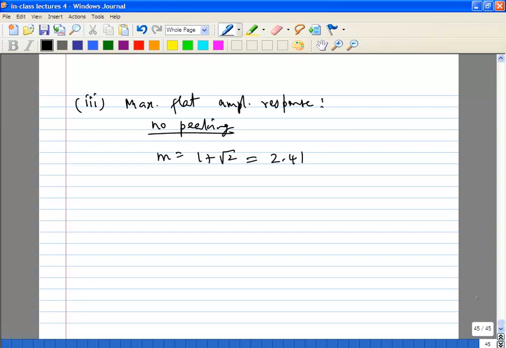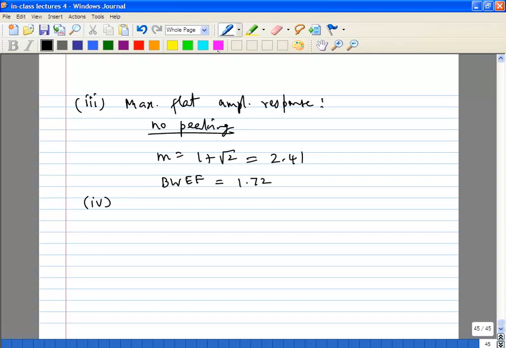So that gives you m equals 2.41. It gives you a bandwidth extension factor of 1.72, which is still pretty good. You have not moved very far away from your optimum. Instead of 1.85, you have 1.72, but your magnitude is pretty flat.